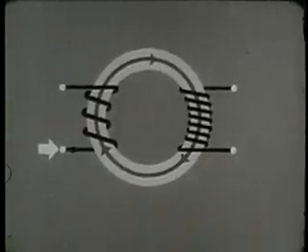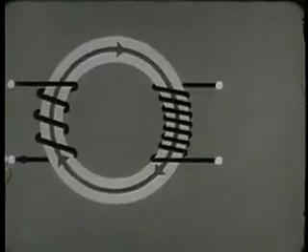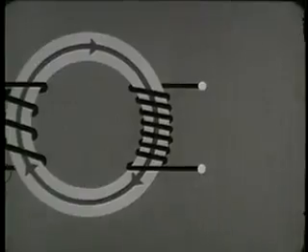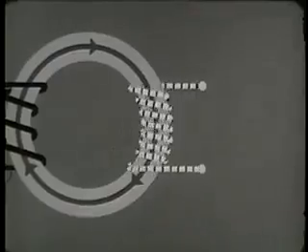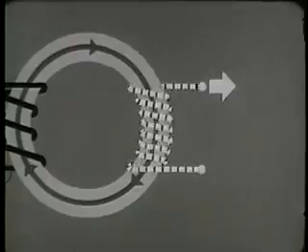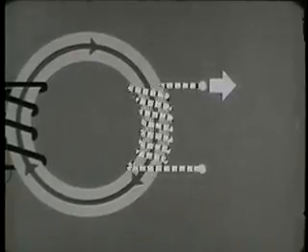Anytime a magnetic field builds up or collapses across a conductor like this winding, the movement of the lines of force induces a voltage in the winding, and current flows. Observe the direction of current flow, out the top of the winding.